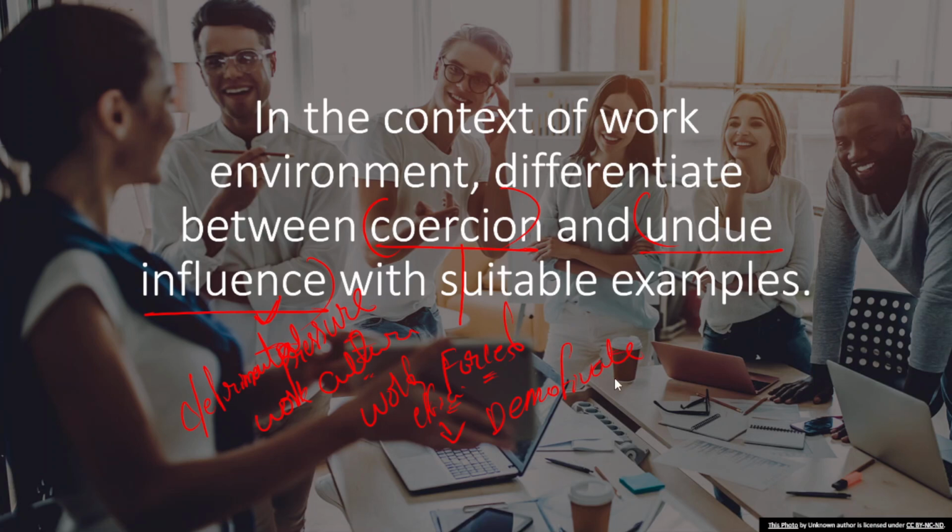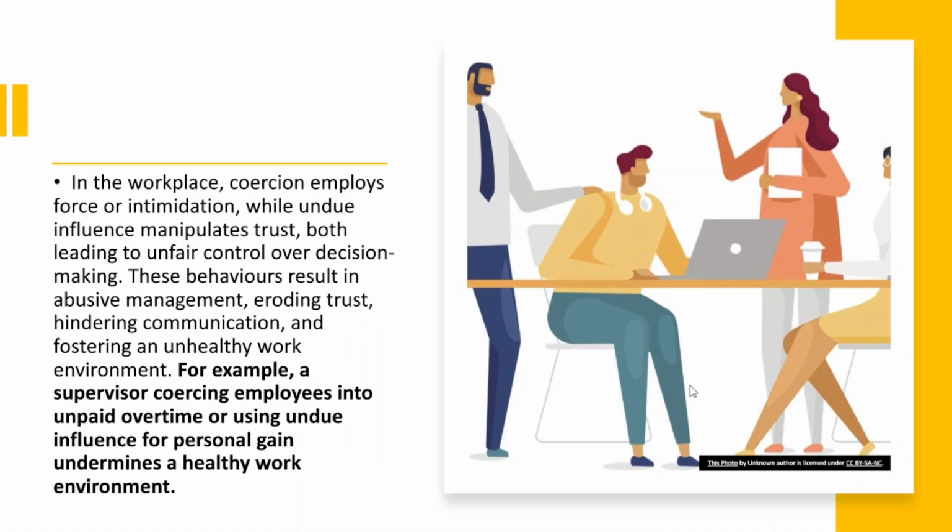So in this context, we need to differentiate between coercion and undue influence, and we should also give some suitable examples. Now, in the workplace, we need to define what exactly is coercion and undue influence. I have already told you what is coercion.